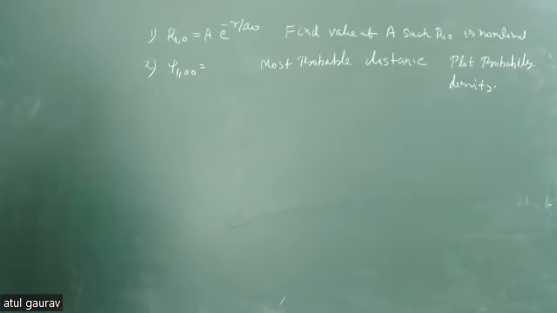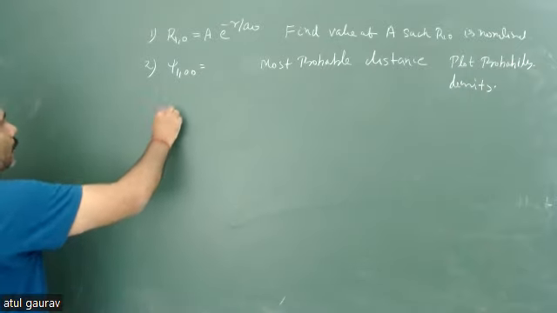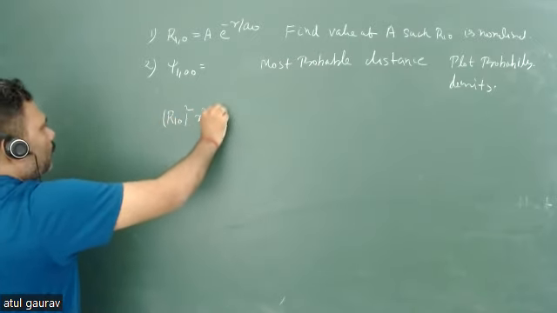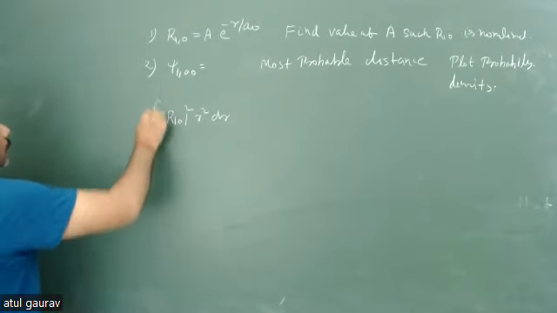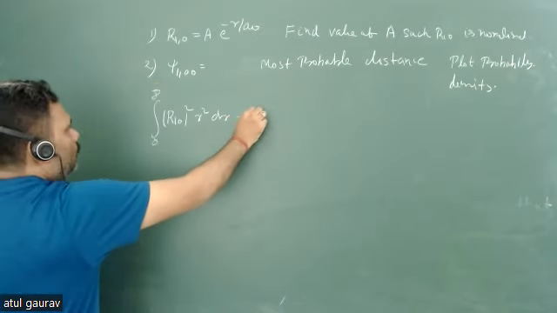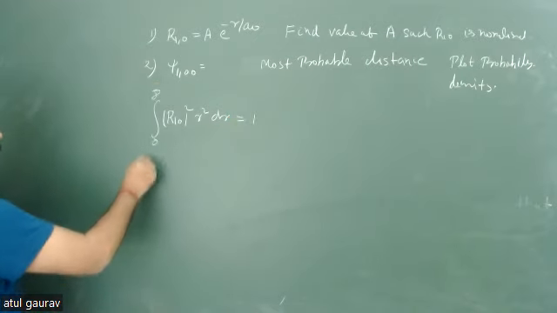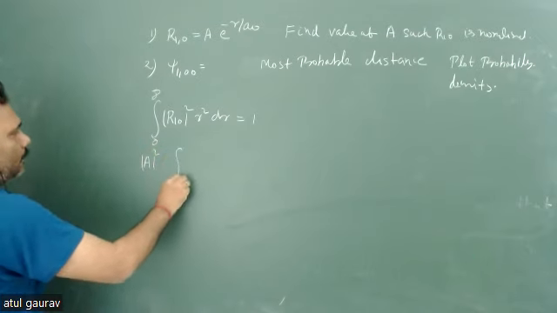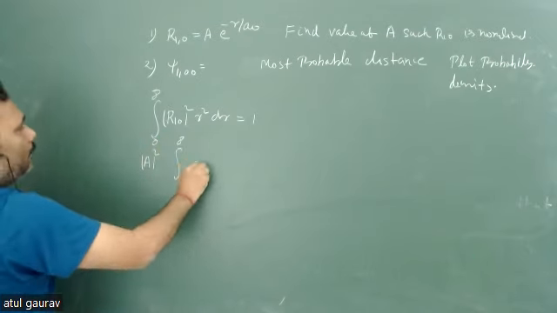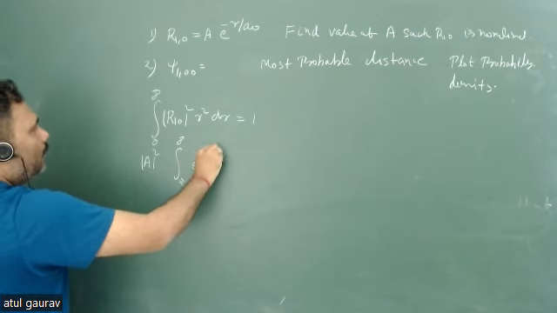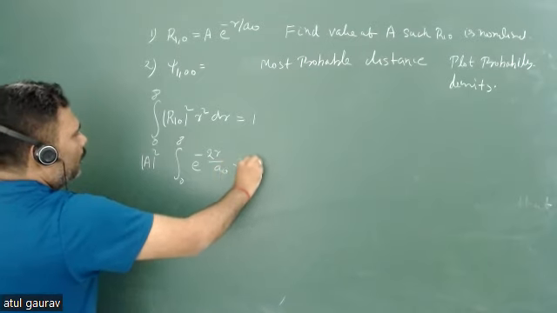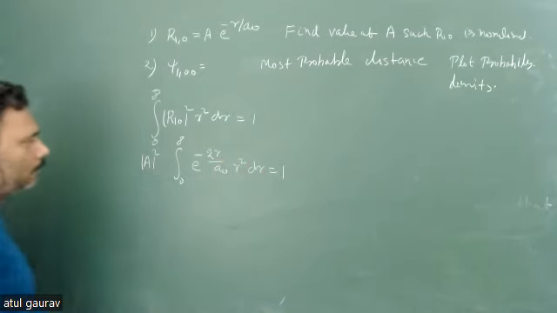So how will we find the value of A? We have to take the integral of R10 mod square r square dr from 0 to infinity, which must be equal to 1. And from here we have mod A square, integral from 0 to infinity of e to the power minus 2r by a naught, r square dr, must be equal to 1.